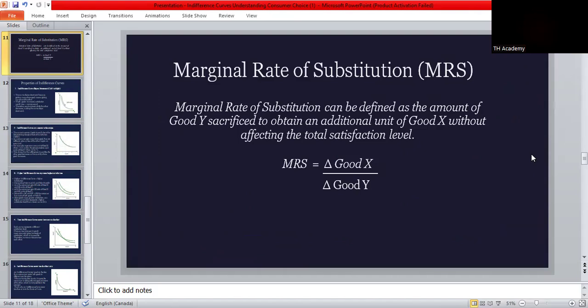In simple terms, it's how much you are ready to sacrifice of one thing to get a bit more of another. Mathematically, MRS is equal to change in good X divided by change in good Y, or delta X upon delta Y. It tells us how preferences change as we move along the curve.